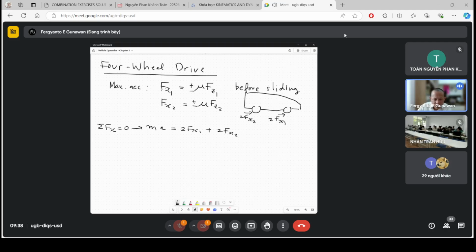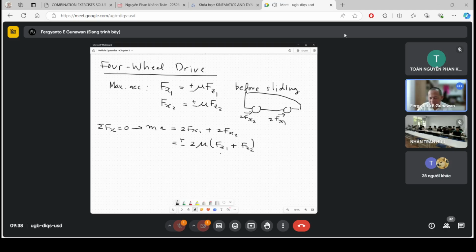Earlier we applied this, and we can substitute this to here. It's going to give us a very simple equation, that is mu times Fz1 plus Fz2, right?